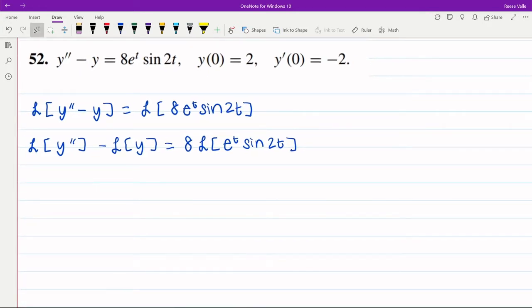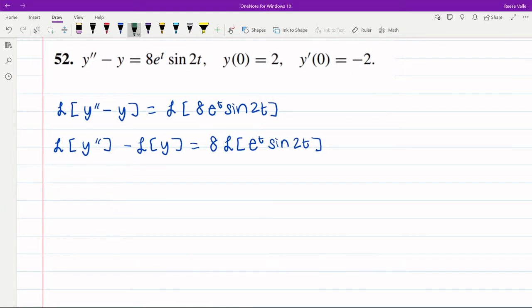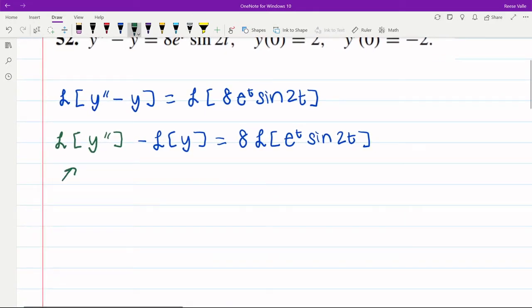So let's deal with the right side first. I'm actually going to recolor this in green. This one is kind of just like a formula, s squared Laplace of y, from chapter 10.4. It's something you memorize.